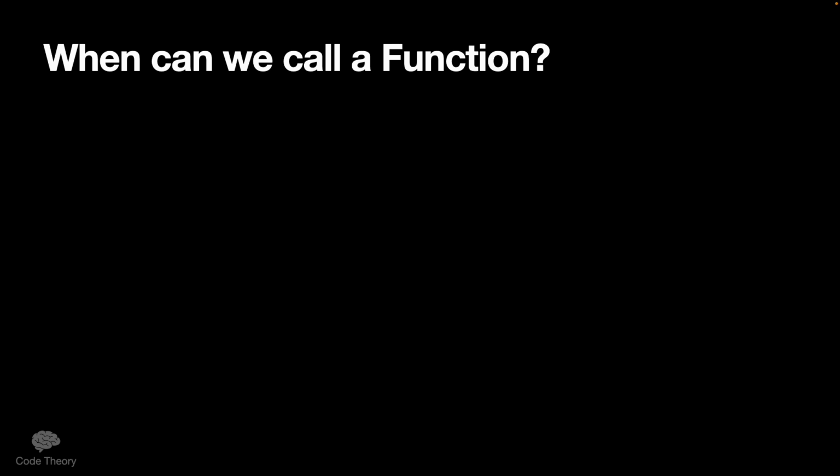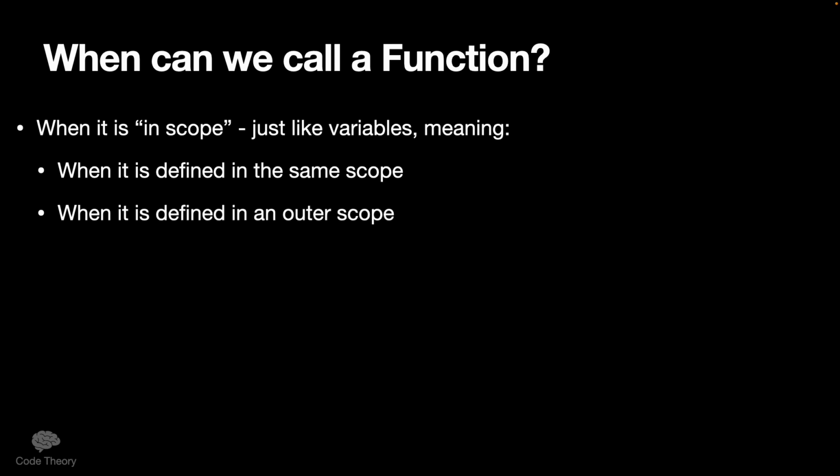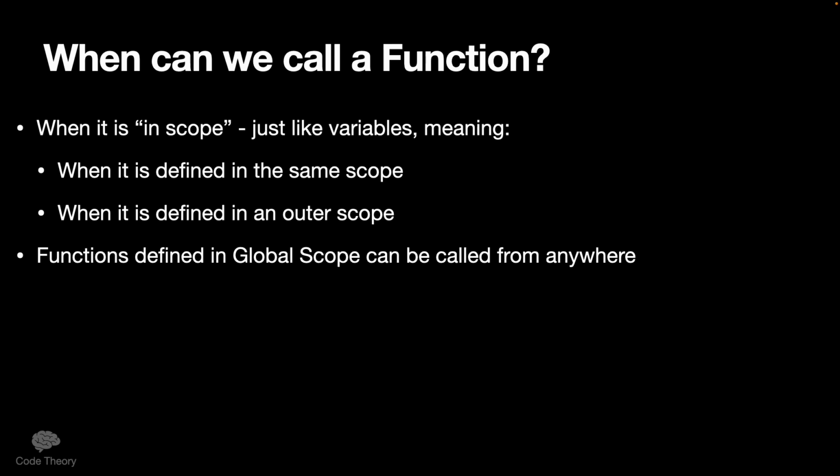So when can we call functions? When are they available for us to call? They are available when they are in scope, just like variables. So if it's in the same scope, if it is defined in an outer scope before our current execution block, or in the global scope, and they can be called from anywhere when they're in global scope.